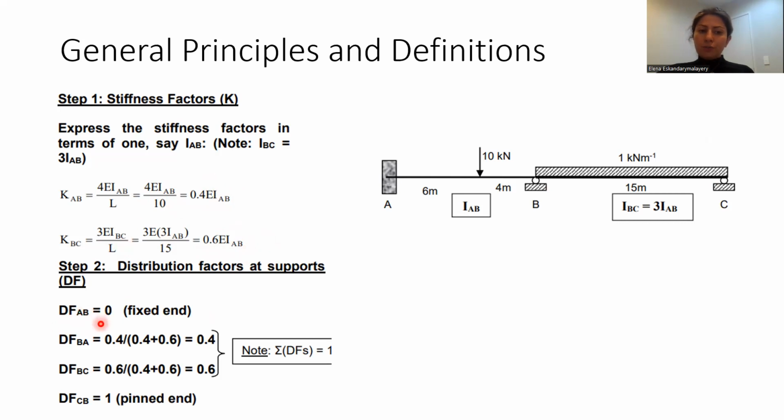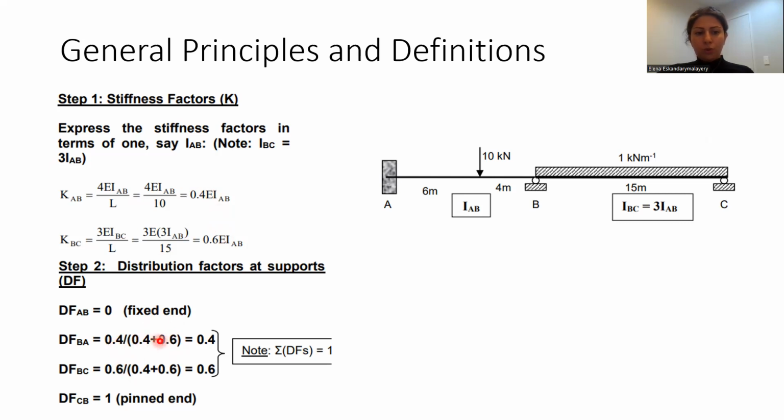So the distribution factor at A, or AB, is 0 because it is a fixed end. And the distribution factor for BA equals KBA, here 0.4 EI AB, over KBA plus KBC, which in this case is 1.